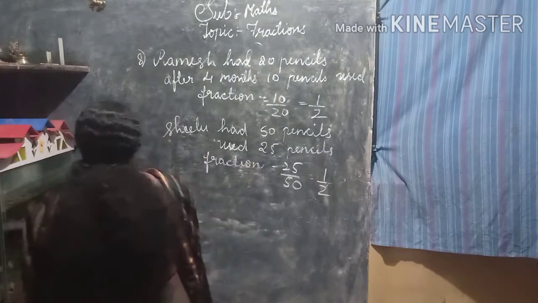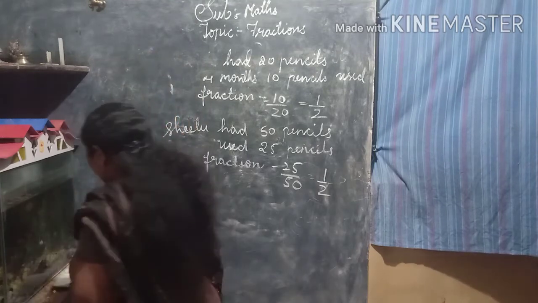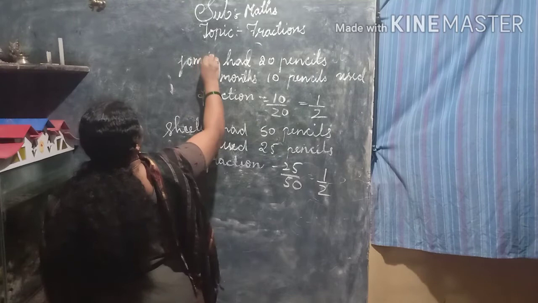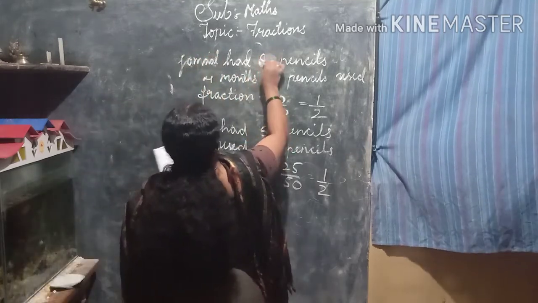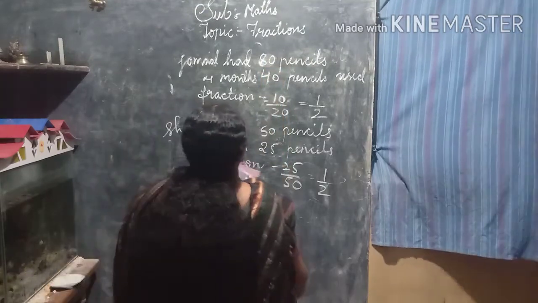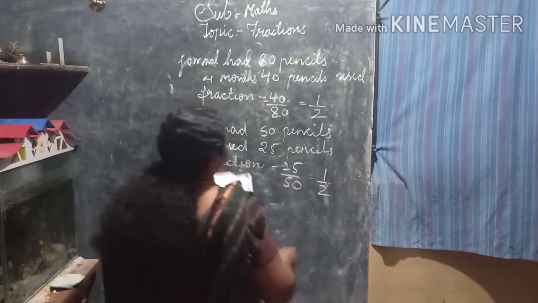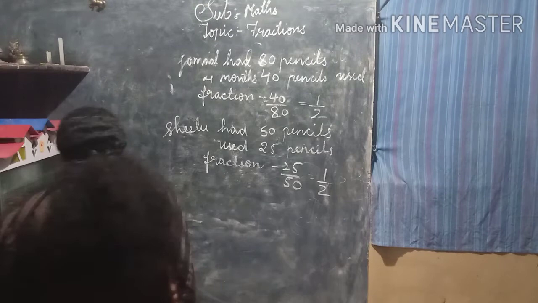Again, what is the last person? He is Jamal, right? So if you take the third person, Jamal had 80 pencils. After 4 months, it was 40. So it becomes 40 by 80. So again, that is 1 by 2.